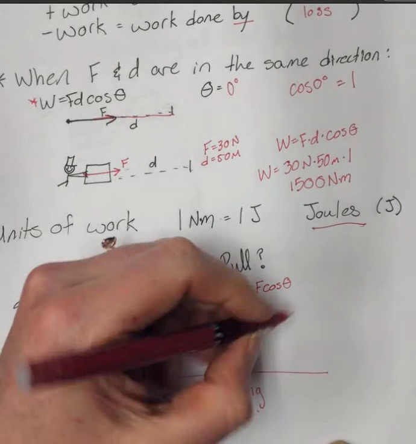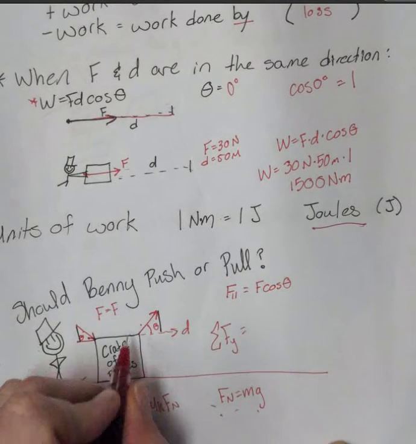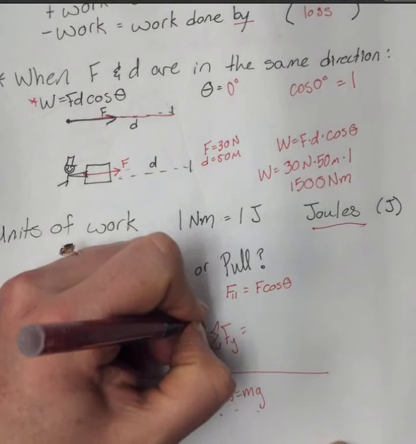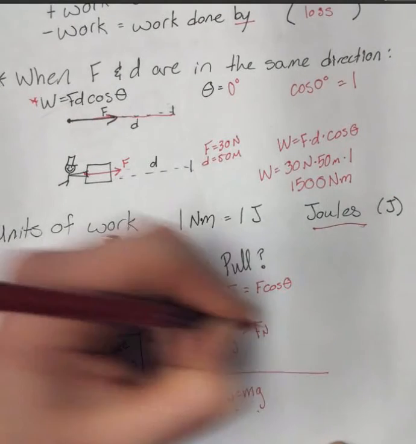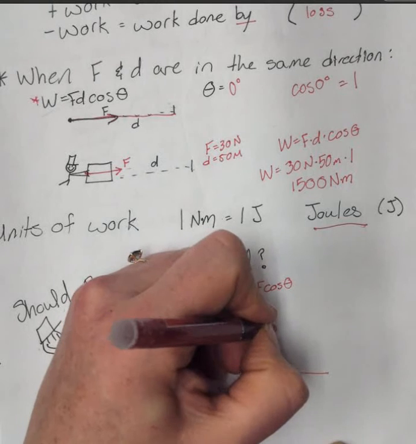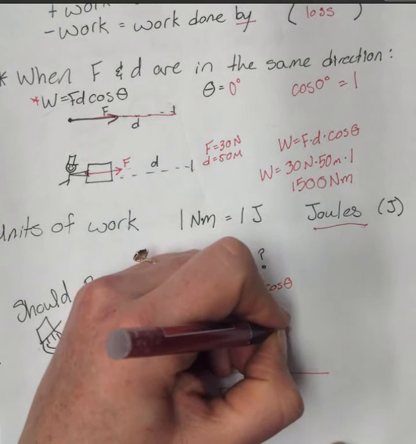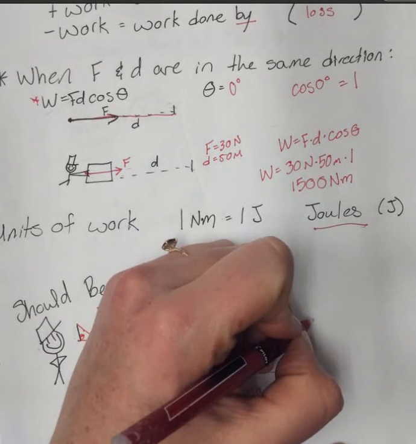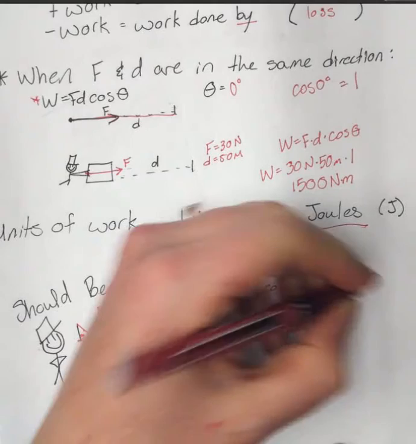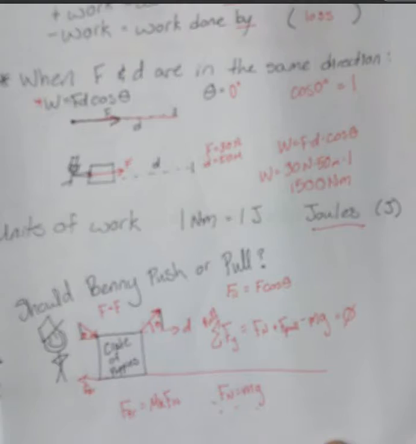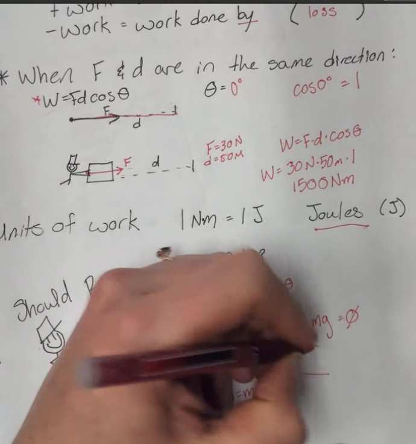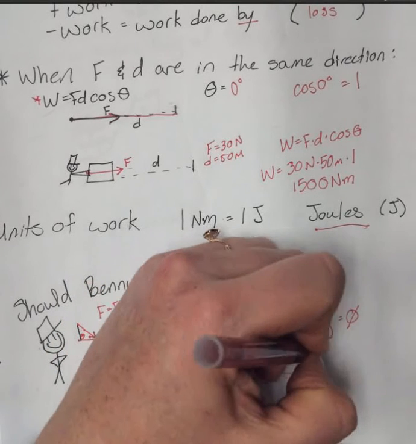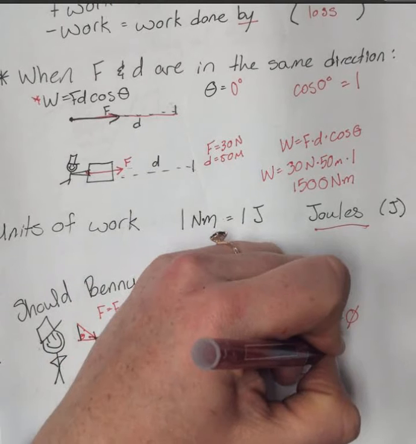So if he's pulling, then the normal force and the pull force are in the same direction, minus the weight, and that will give us a value of 0. So in this case, the normal force is going to be the weight less the force that it got pulled with in the y direction.